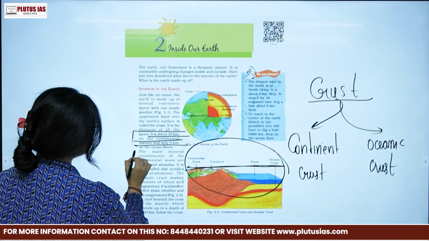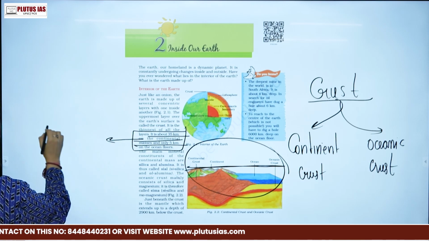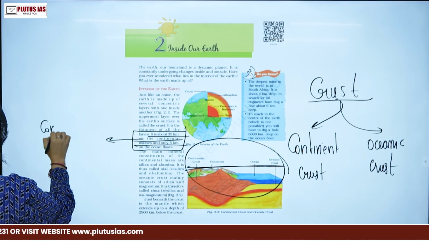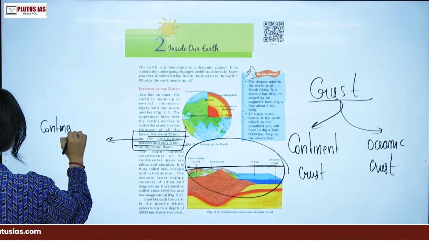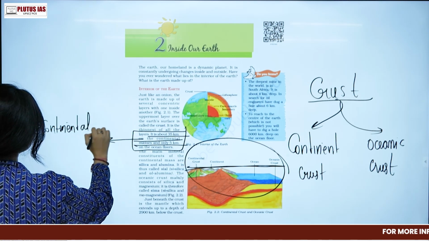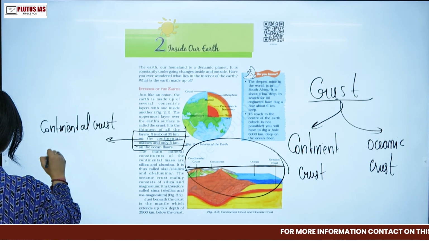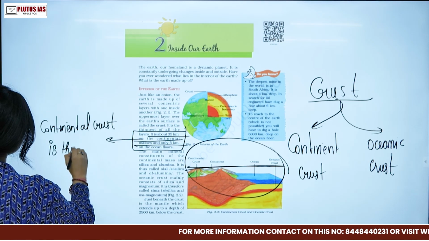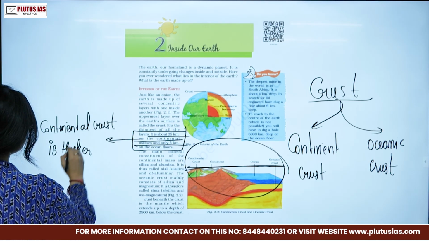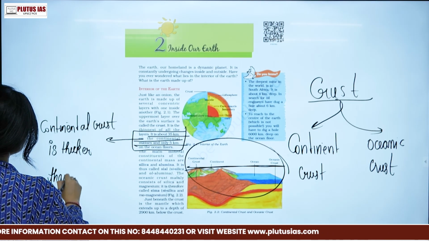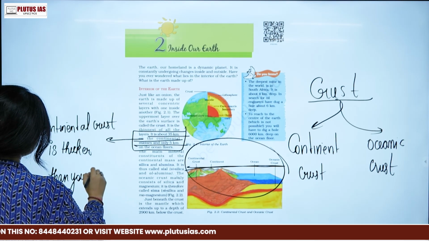So from this statement it is very clear that your continental crust is thicker than your oceanic crust.